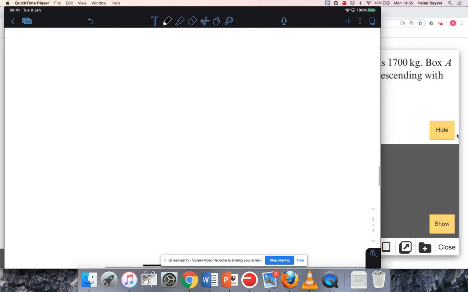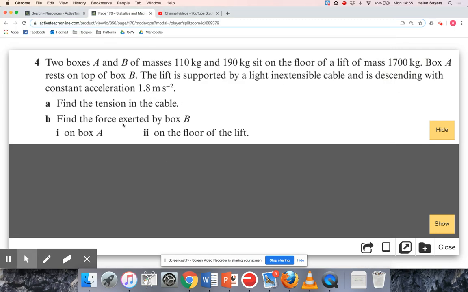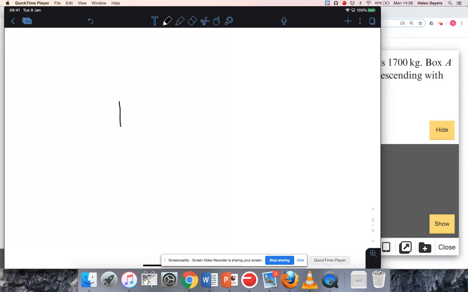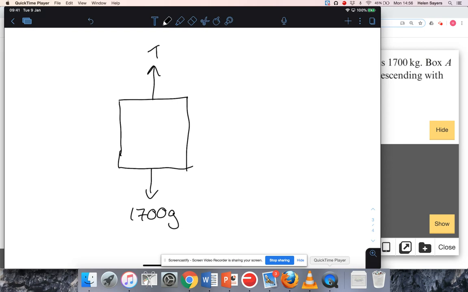Okay. Then I'm asked about the force exerted by box B on the floor of the lift. So to answer that, I'm just going to model the lift itself. So if I just look at the lift, there's tension in the cable, there's the weight of the lift, and then there's the force.